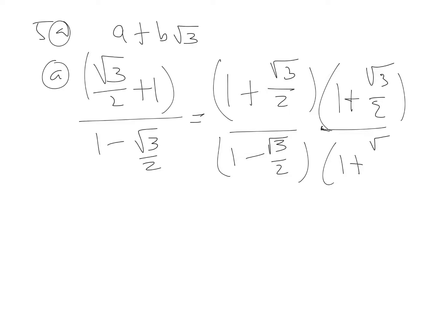That's where we're applying the difference of squares. And so with the denominator, when we multiply these two values, the root 3 over 2 times root 3 over 2 will get rid of the radicals for us.